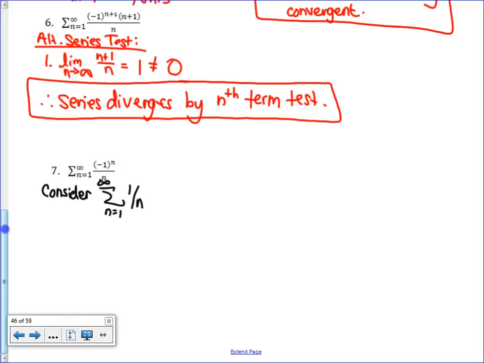Absolute value, which diverges by, what would you say, p series, p equals 1? Series, yeah.